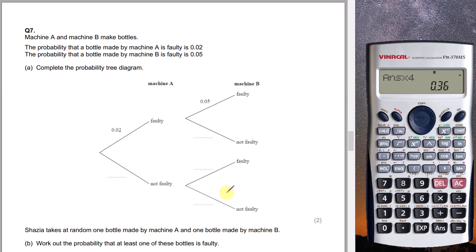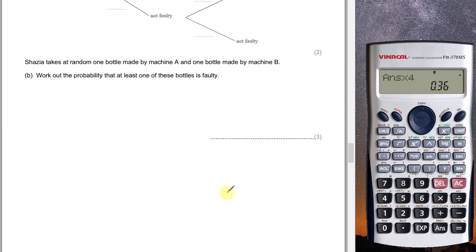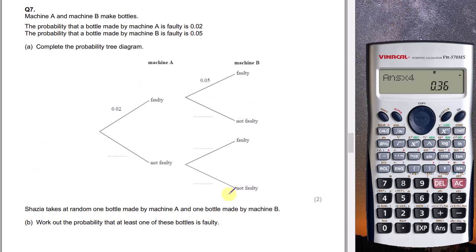Question 7. This is an extension task given on one of the lessons. If you haven't done it, you might want to go and look at the notes. The question here actually tells you how to combine probabilities. And each line is a unique story.